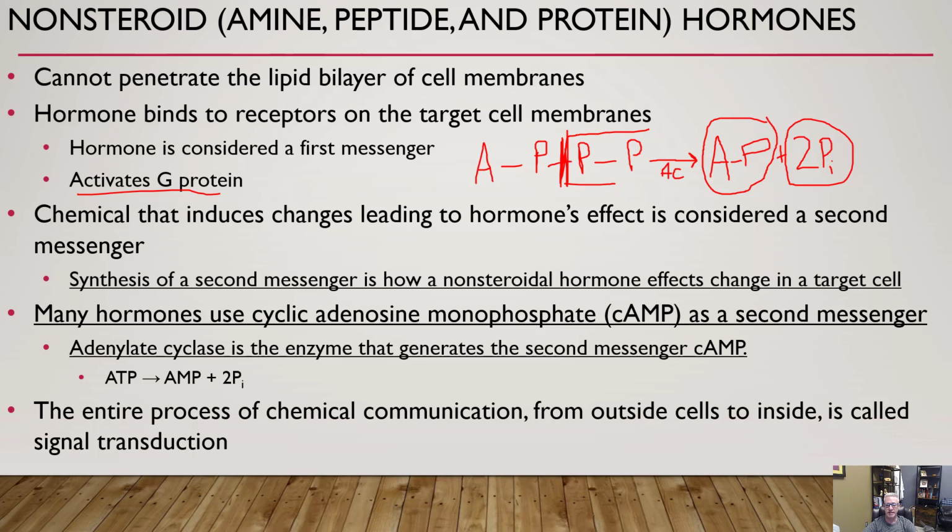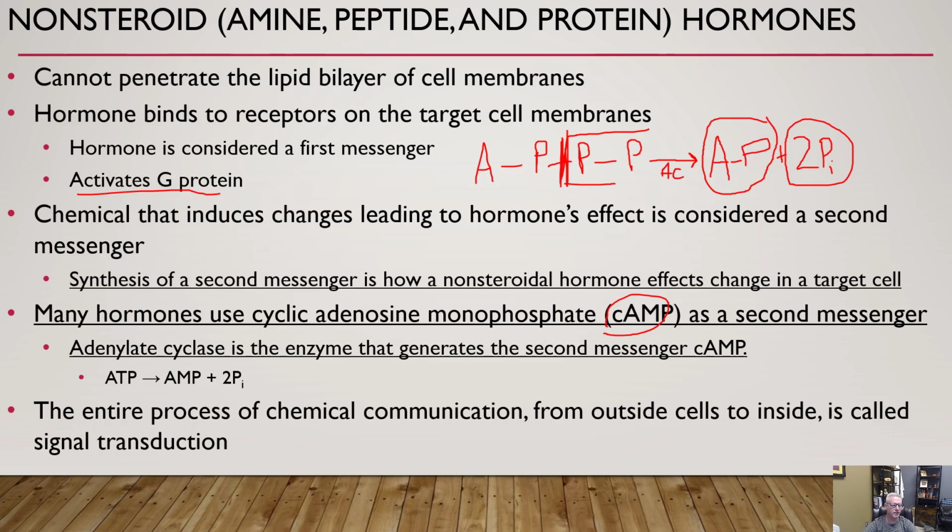And this results in excess secretion of certain pituitary, thyroid, gonadal, or adrenal hormones, and it can lead to precocious puberty, and that's basically where females can menstruate or males can produce sperm as young as like 6 years old.